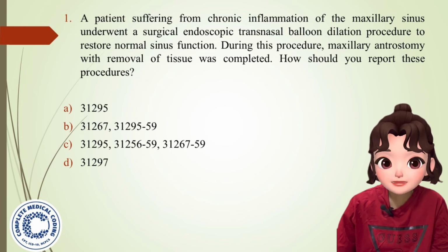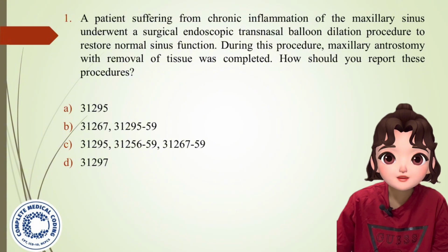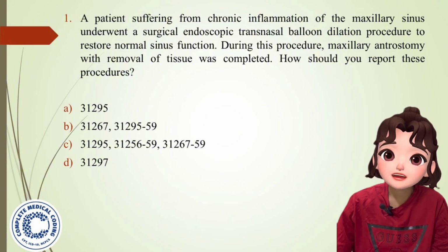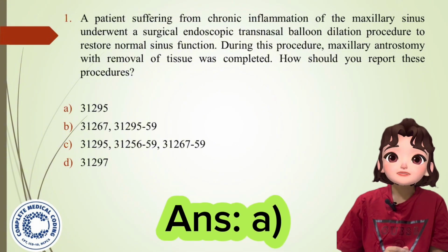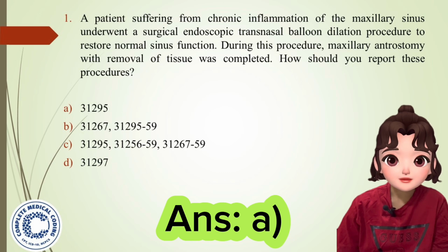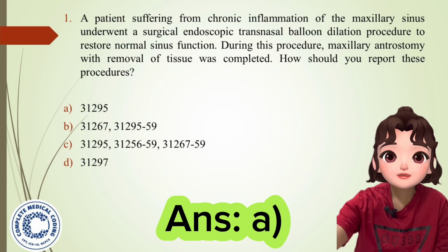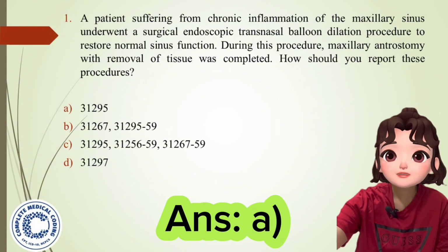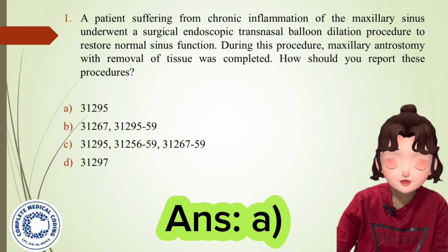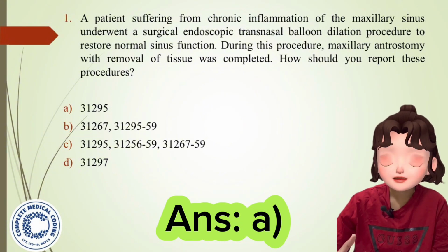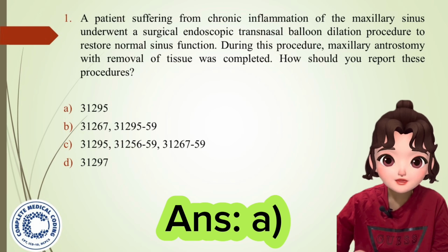Here it is the maxillary sinus in the question. So that is also wrong. So here you got the correct answer as option A, 31295. This is how you need to check for the codes, because you should not skip the brackets. What is mentioned in the brackets, you should not skip.